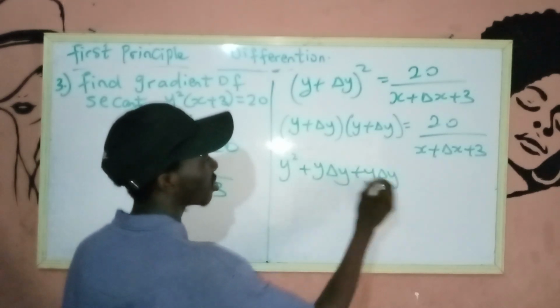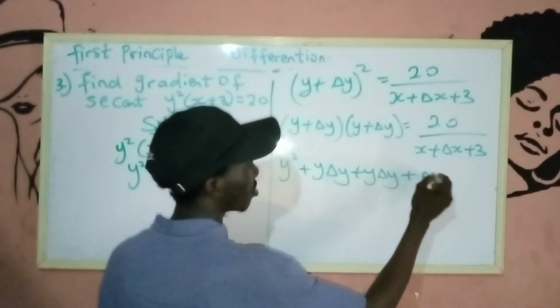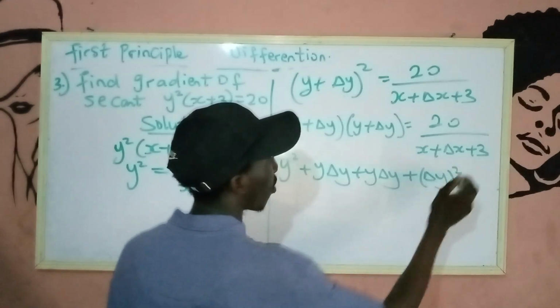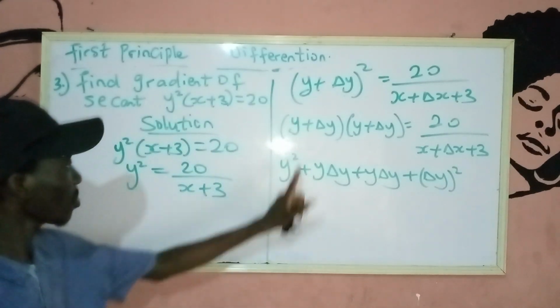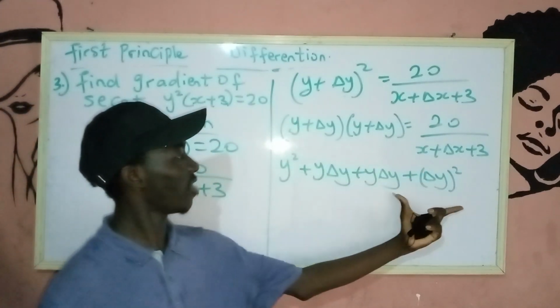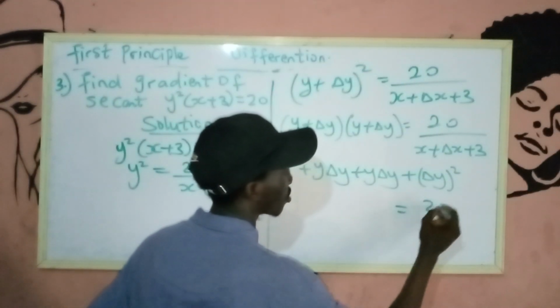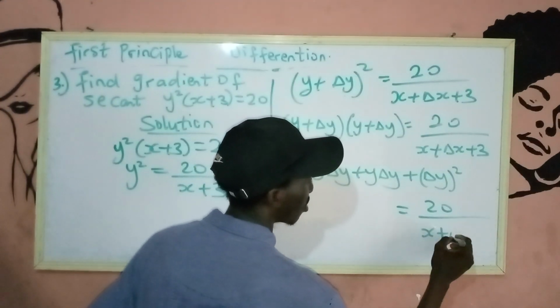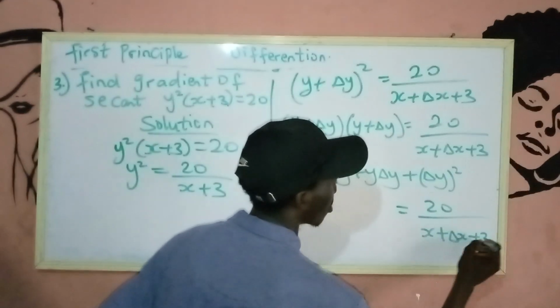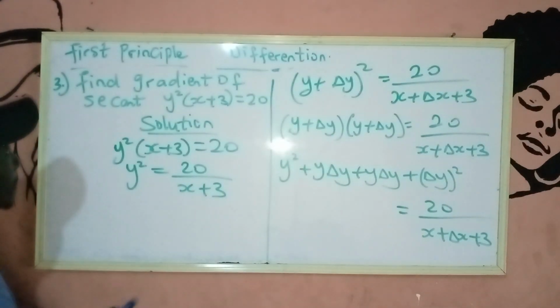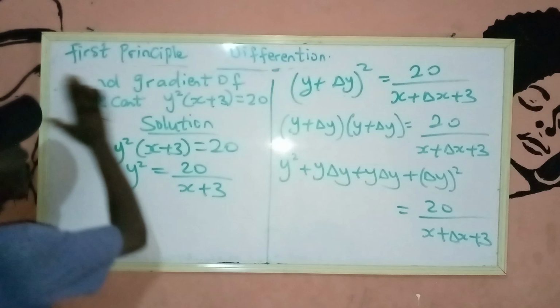This becomes y change in y. And this becomes change in y all squared. That's when I expand this, I have this. And that equals to the other value here, 20 over (x plus change in x plus 3). So I'll be cleaning this.